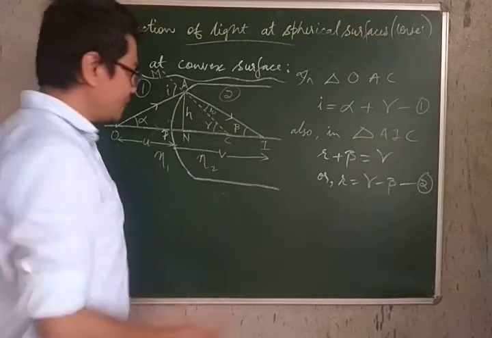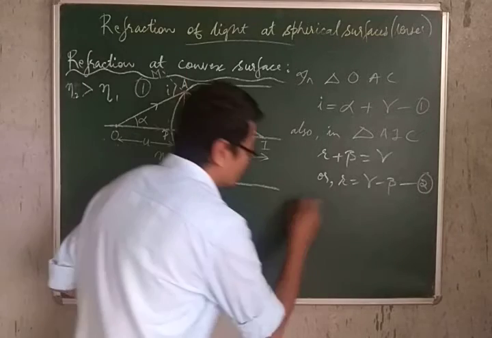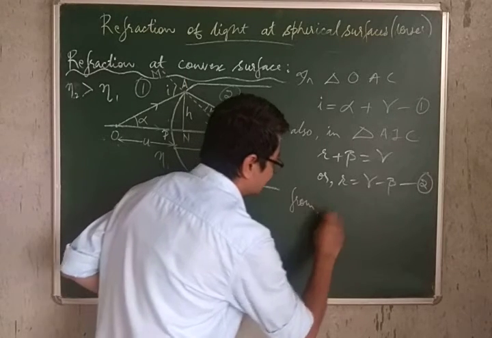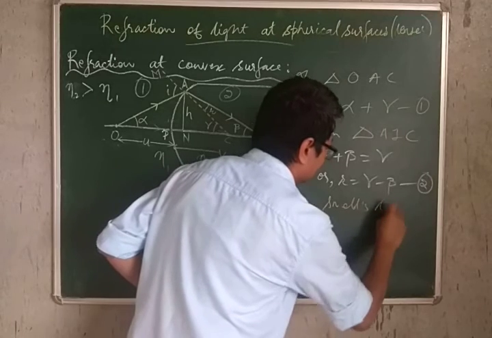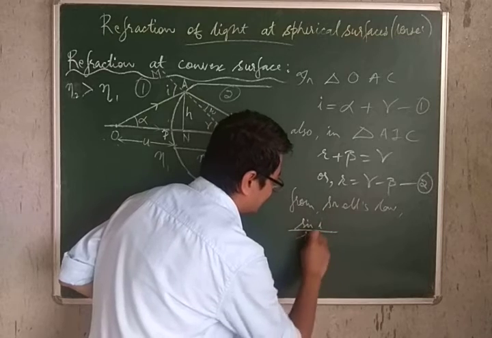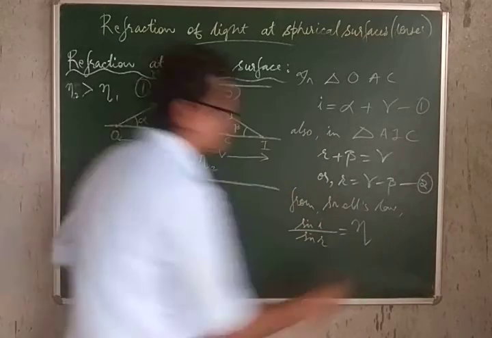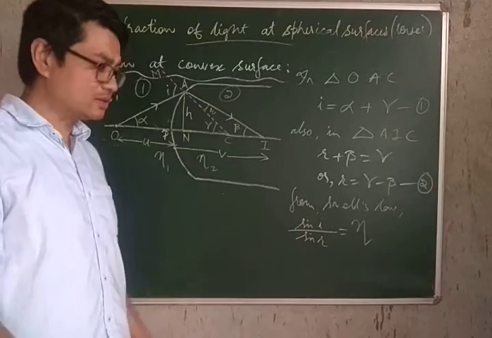Okay, so therefore for refraction taking place on this spherical surface, we can write from Snell's law: sin I by sin R is the refractive index of the second medium with respect to the first. That is what Snell's law tells us.